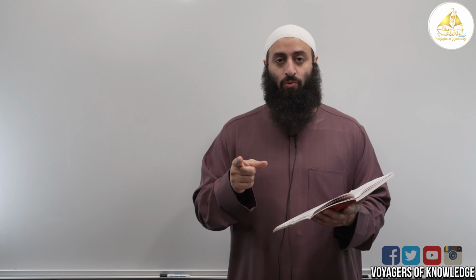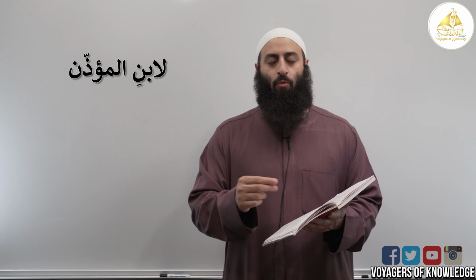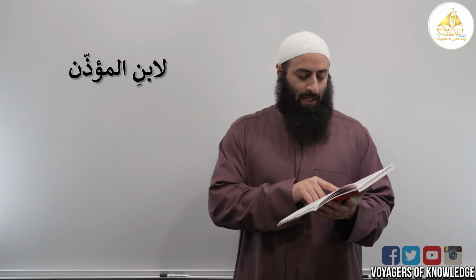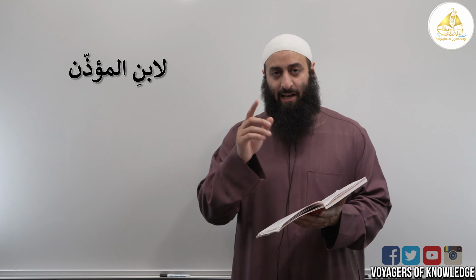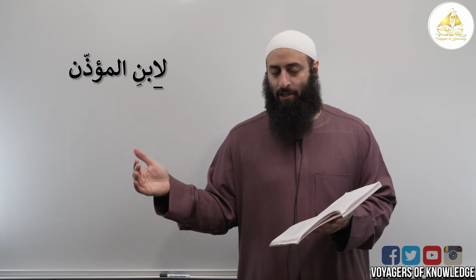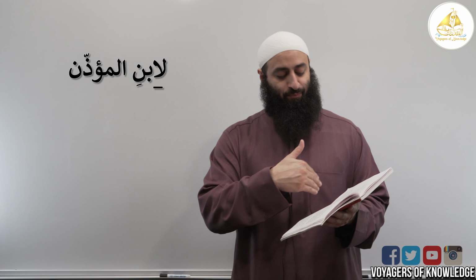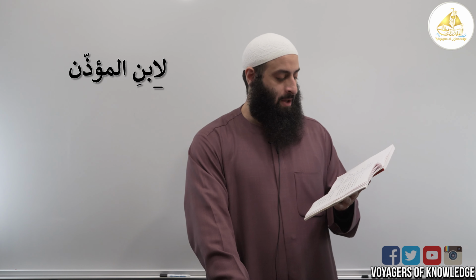أهذه الدراجة? Is this bicycle? لابن المؤذن. You don't want to say لابني, because that hamza is a hamzat wasl. That alif after the lam, it's a hamzat wasl, which means if there's a letter before it, you bypass it. لابن المؤذن.